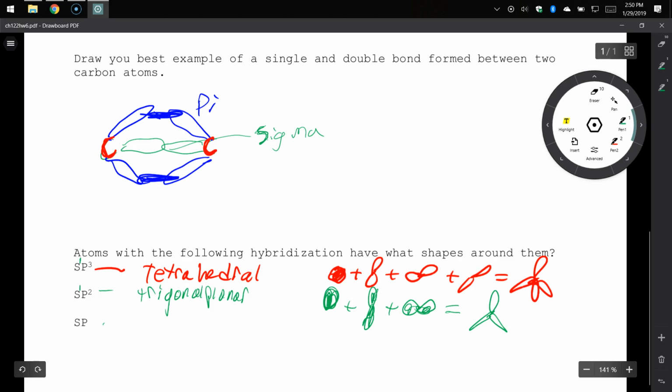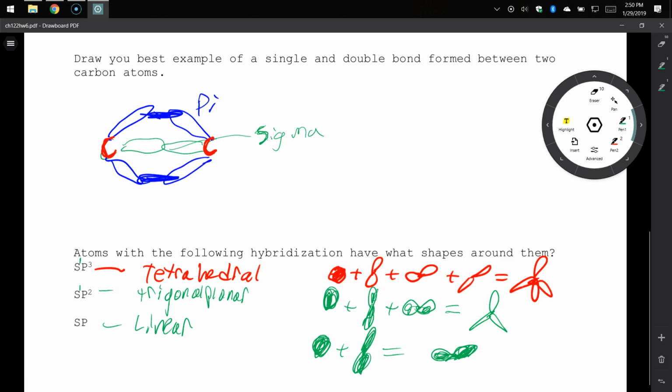And then the sp is linear because it's a sphere and 1 p orbital. So you end up basically with a bigger looking p orbital, but only 2 lobes to make bonds with.